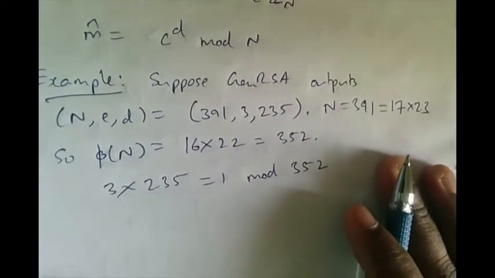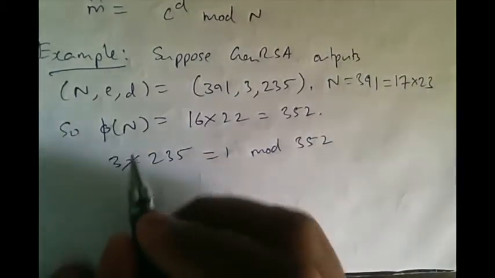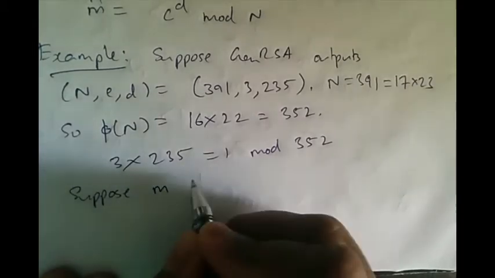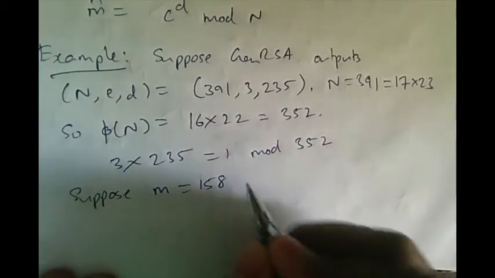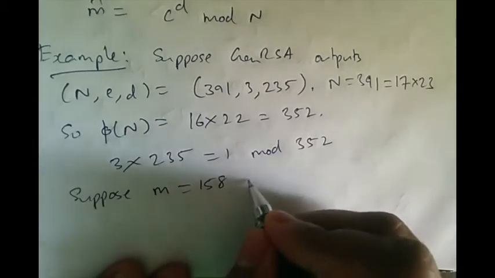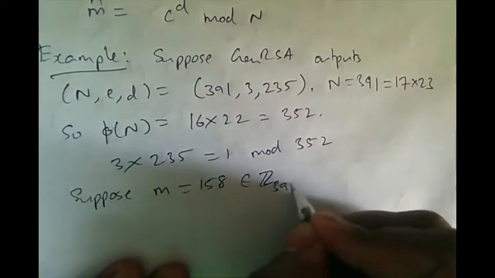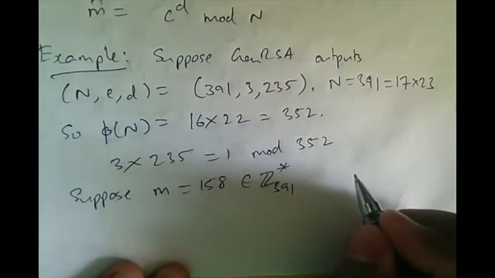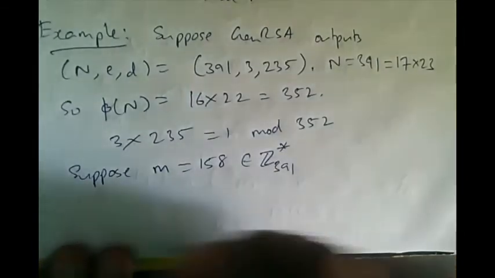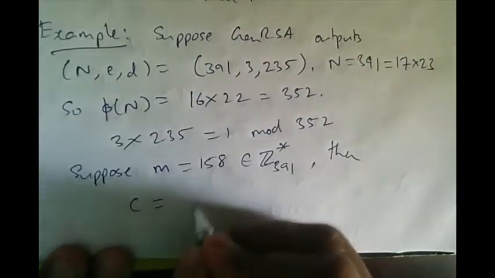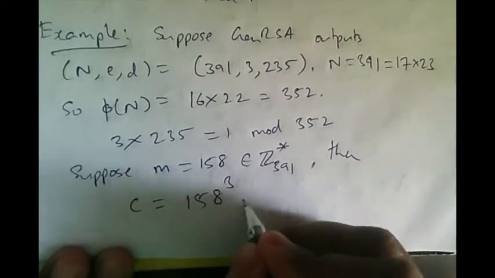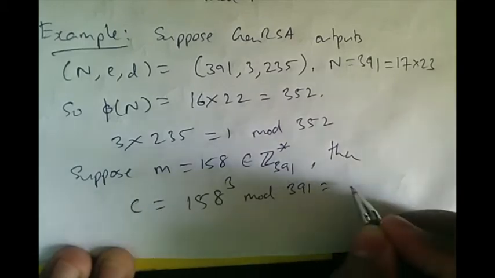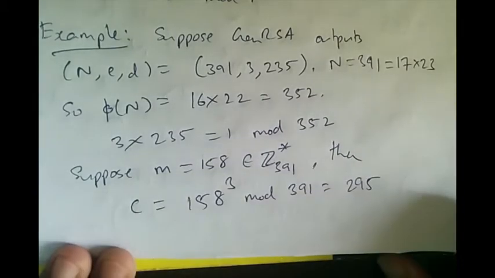So suppose you have some message now. Suppose m is 158, which is in Z 391 star. Then the ciphertext C is 158 cubed mod 391, which turns out to be 295. You can check that.